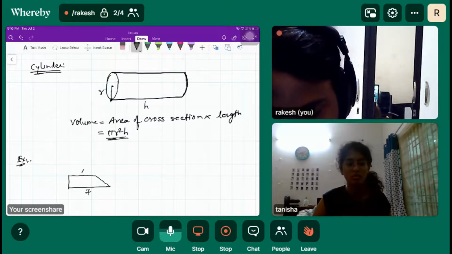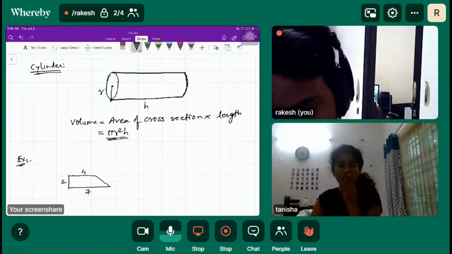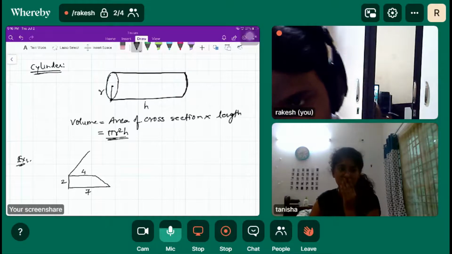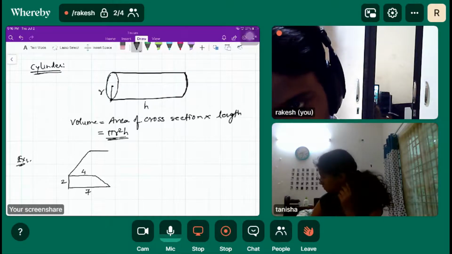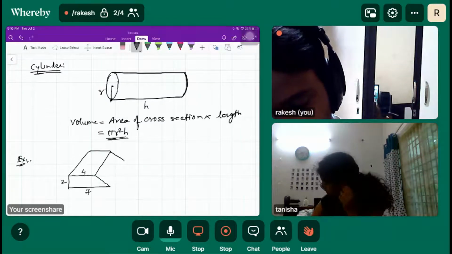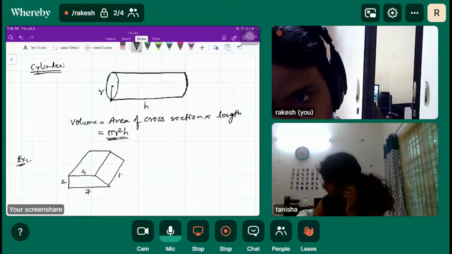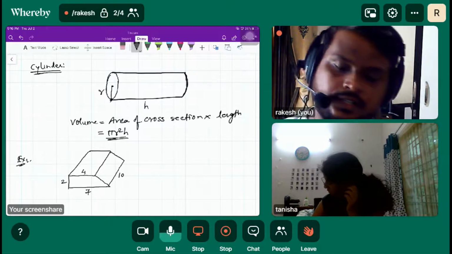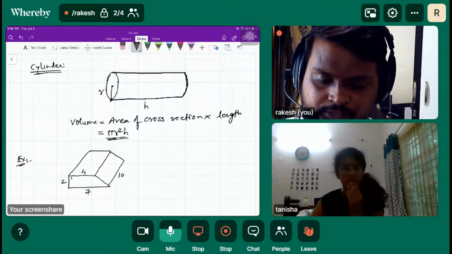7, 4, 2, so going like this, 10. So what is the volume of this prism?